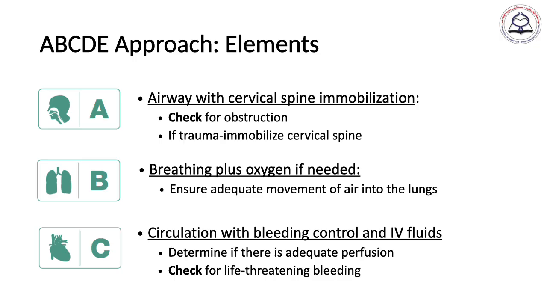Circulation: determine if there is adequate perfusion and check for life-threatening bleeding, and whenever there is bleeding, you have to apply measures to stop the bleeding and to resuscitate with IV fluids.